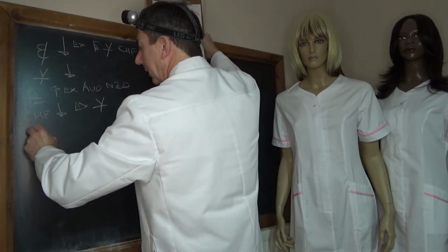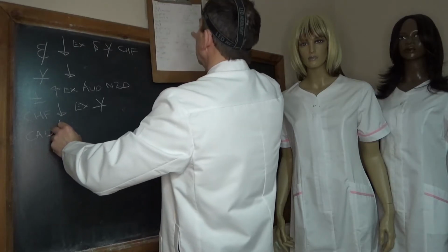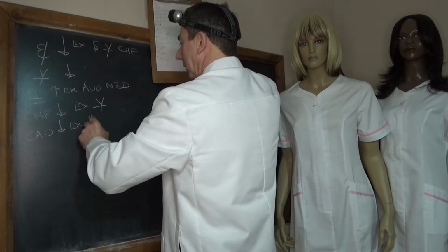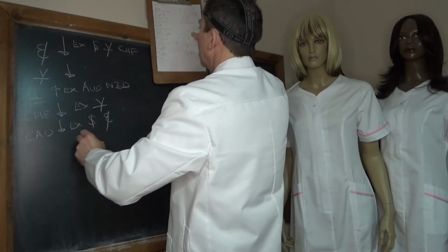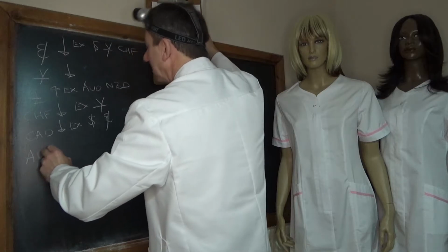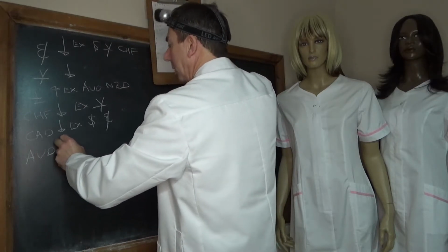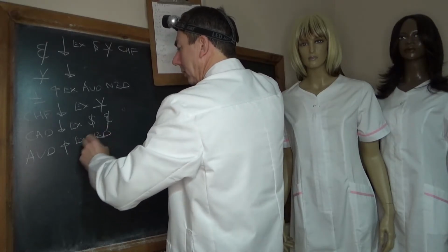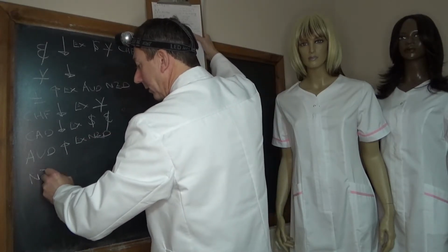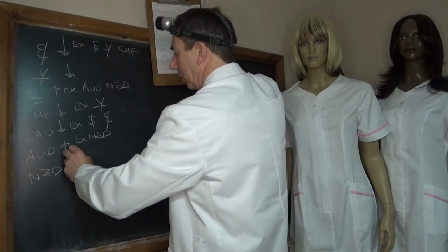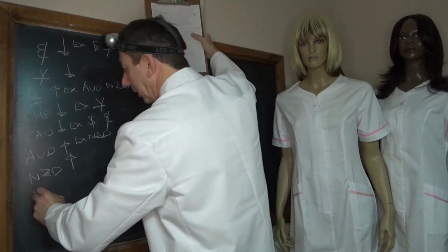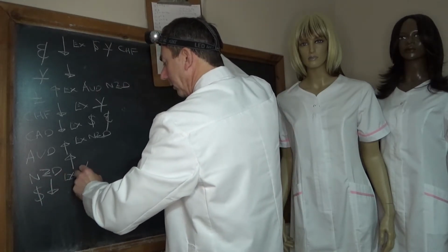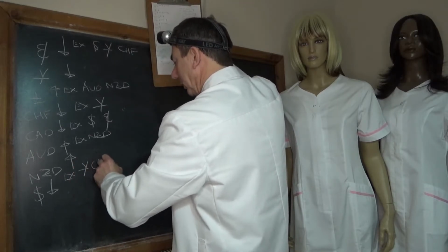The CAD is weak except against the dollar and the euro. The AUD is strong except against the New Zealand dollar. NZD is strong across the board, and the dollar is weak except against the yen and the Swiss.